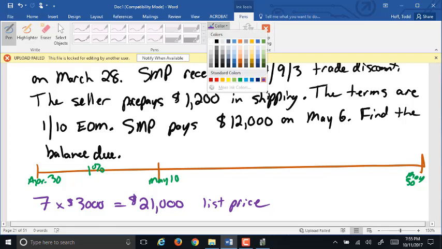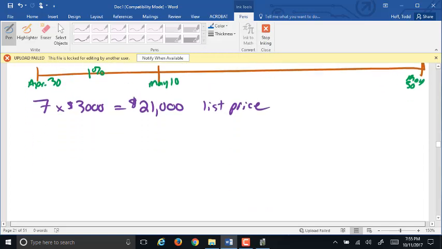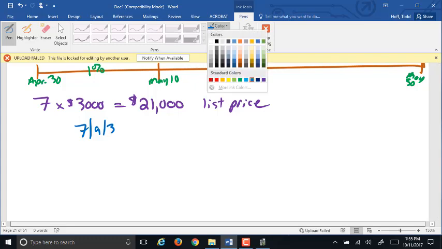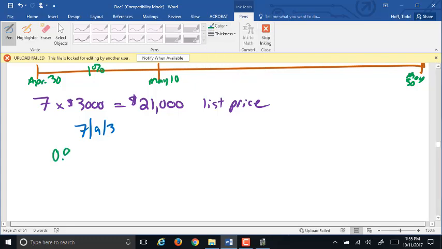What goes on the invoice, however, is net price. So the trade discount is a 7/9/3. So this is 0.93 times 0.91 times 0.97. This is that single or net decimal equivalent.